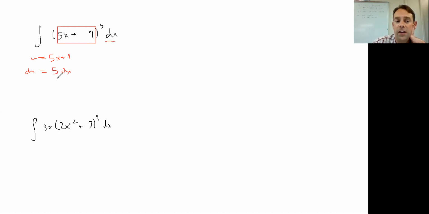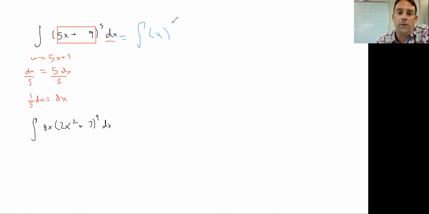So I need to get dx by itself, so I'm going to divide by 5. So now I get 1/5 du equals dx. Sometimes we have to balance our expressions a little bit more. Sometimes they're not quite as cut and dry as just straight u sub. Sometimes we have to play just a little bit more with them.